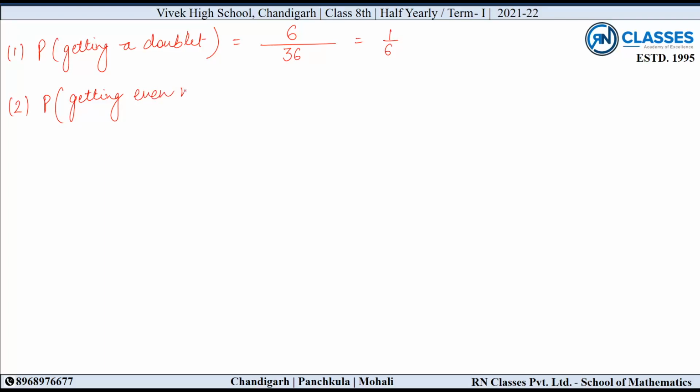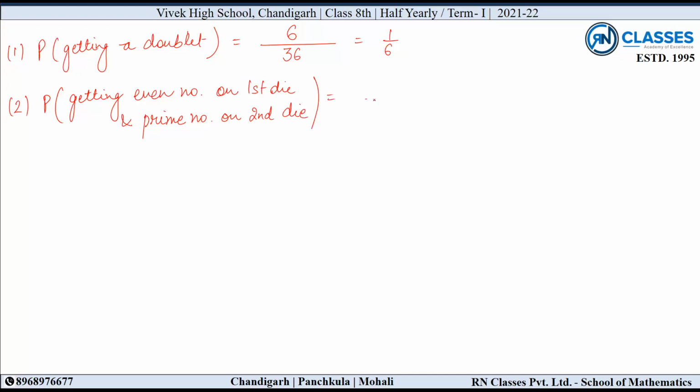Getting even number on first die and क्या आया था? प्राइम नंबर on second die. राइट? इसकी प्रोबेबिलिटी निकालनी है.